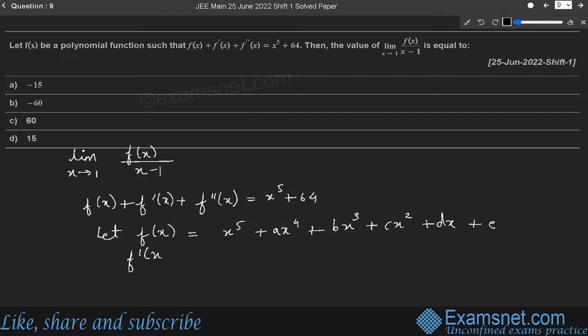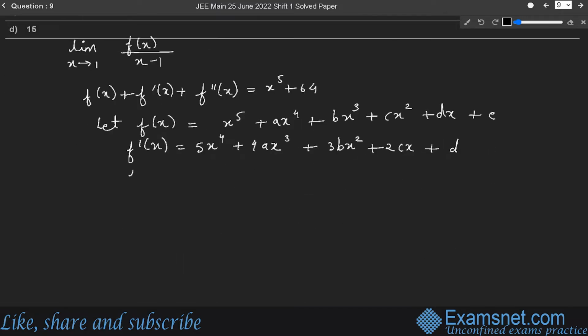So f dash x will be equals to 5x power 4 plus 4ax cube plus 3bx square plus 2cx plus d. Similarly, f double dash x will be equals to 20x cube plus 12ax square plus 6bx plus 2c.